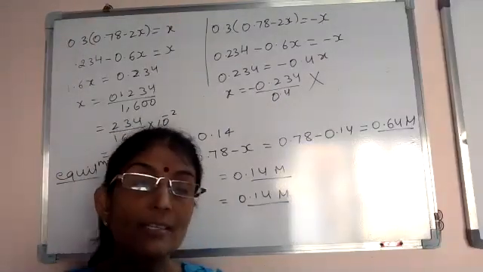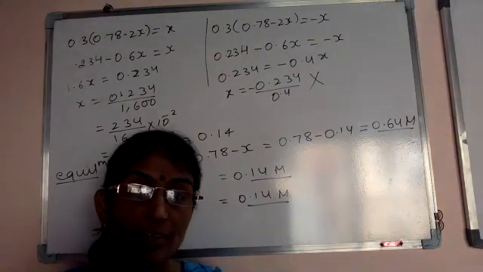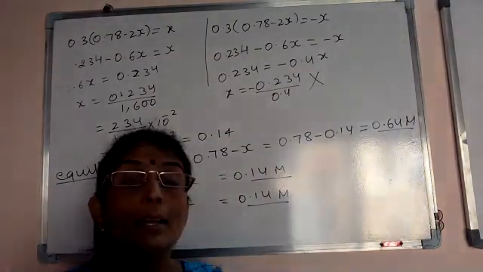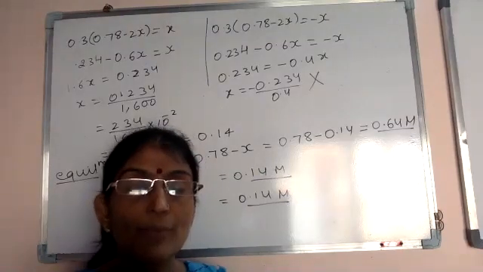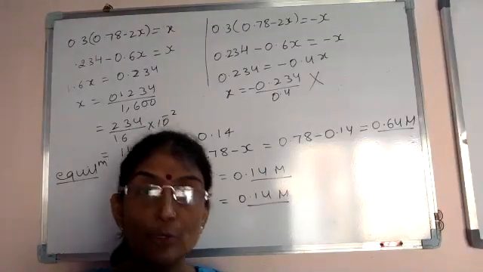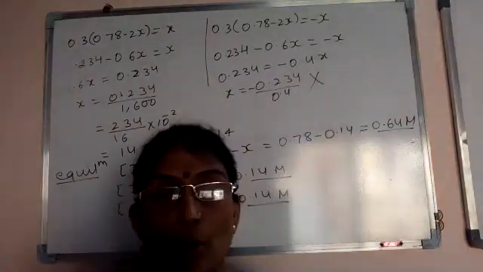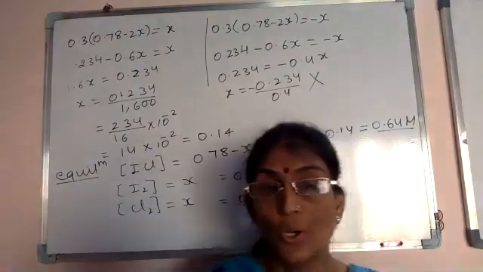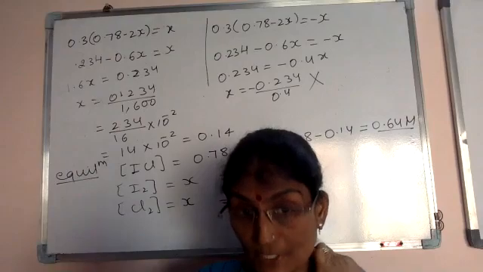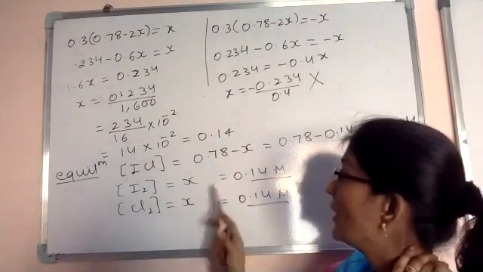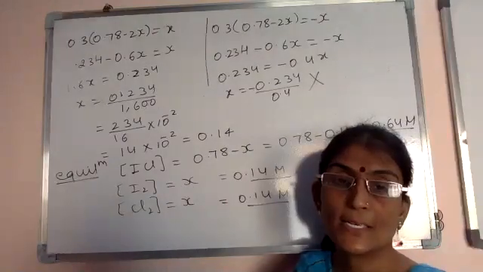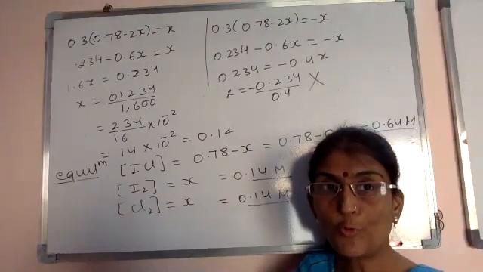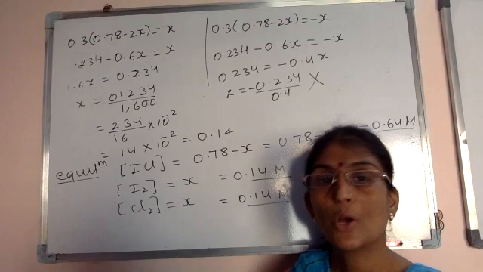Initial concentrations, consumed or produced concentrations, and at last equilibrium concentrations. Then use the formula of Kc. By using the Kc formula, putting the values of Kc, we can find out the x value. And that x value we can substitute here so that we can have equilibrium concentrations. These are the steps you have to follow for finding equilibrium concentrations.